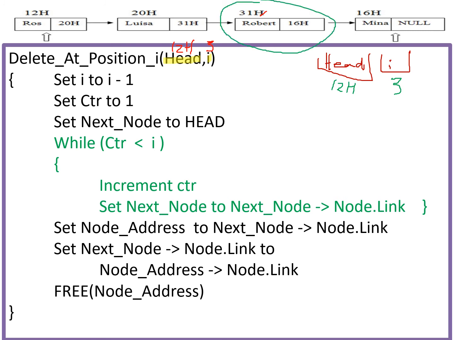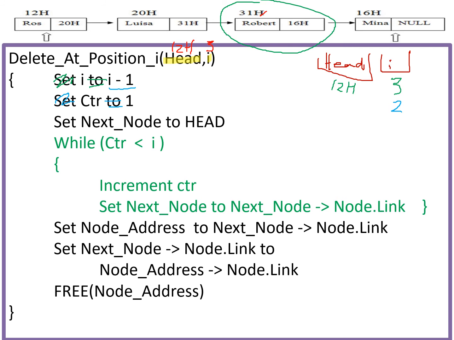Okay. So, as a first rule, we have to determine or get the previous element of the desired position. Okay, so we have to set I to I minus 1. So, if our I is 3, then we decrement that by 1. Okay? Minus 1. This is what we discussed earlier. And then, set counter to 1. Why do we have a counter?